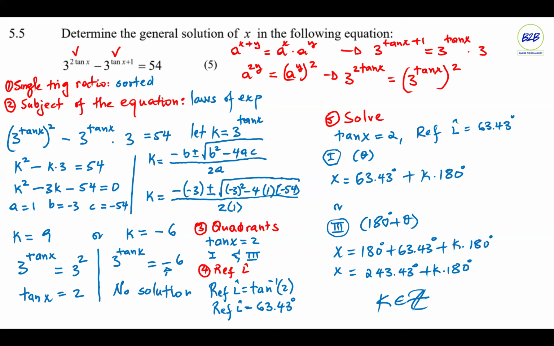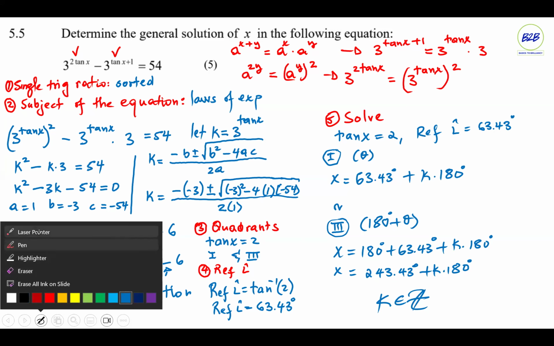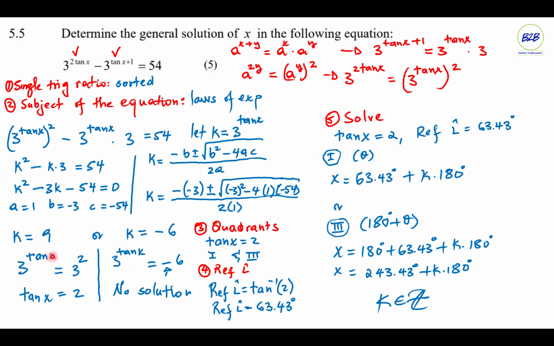And folks, that is how we solve this problem. All right, I think the only thing new for you might be step 2, the use of those laws of exponents, and that is not trigonometry, rather algebra.